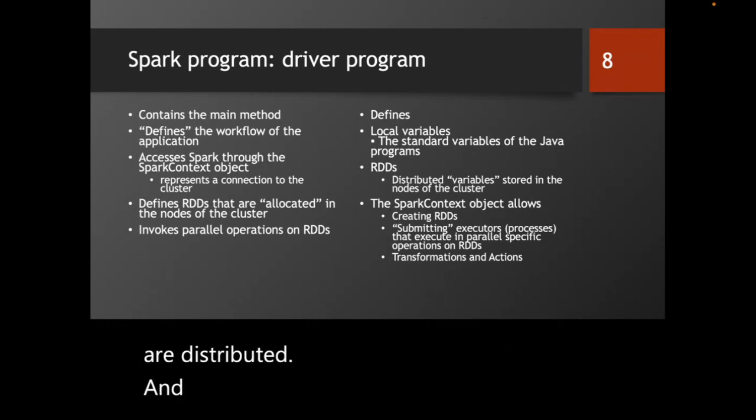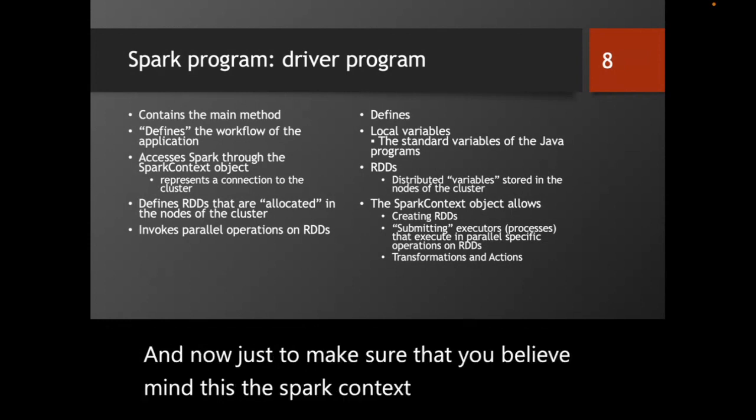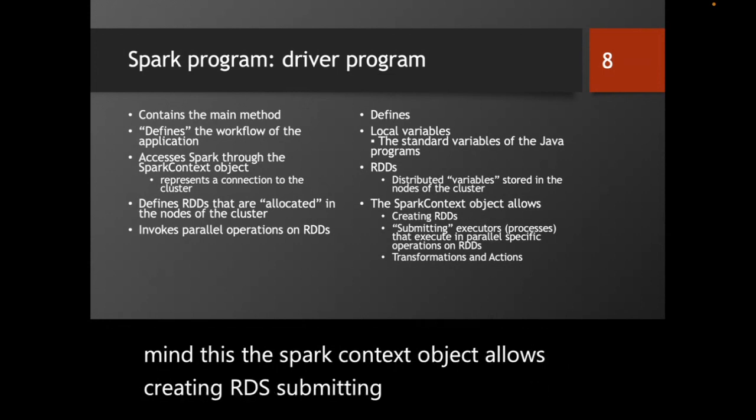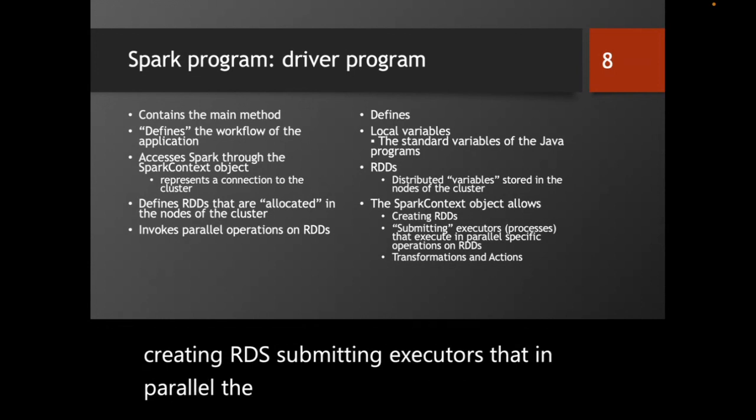And now, just to make sure that you bear in mind this, the Spark context object allows creating RDDs, submitting executors that execute in parallel the operations, and then performing transformations and actions.